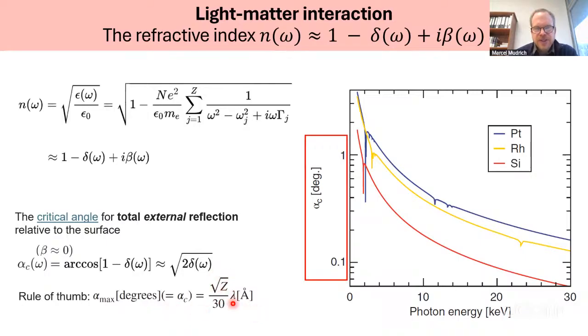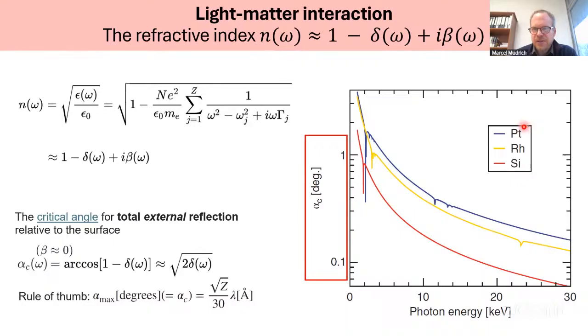So it depends on the wavelength and also on the atomic number, so the number of electrons in the atom. But the point is this critical angle for total external reflection is very small.